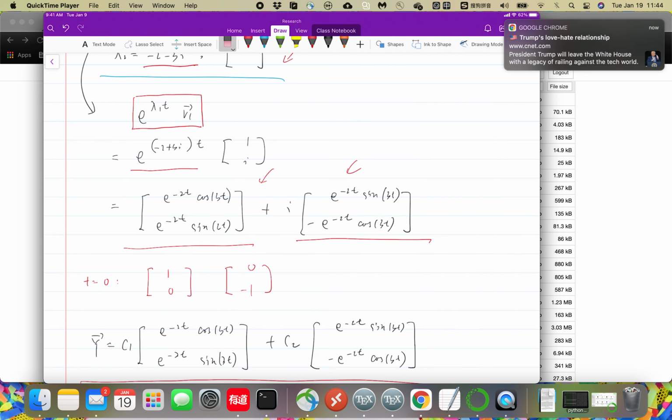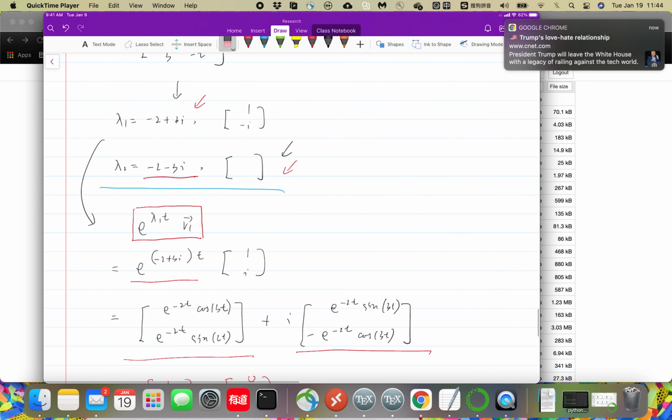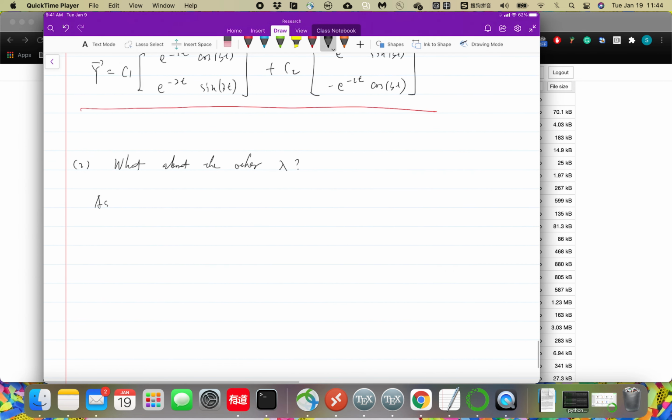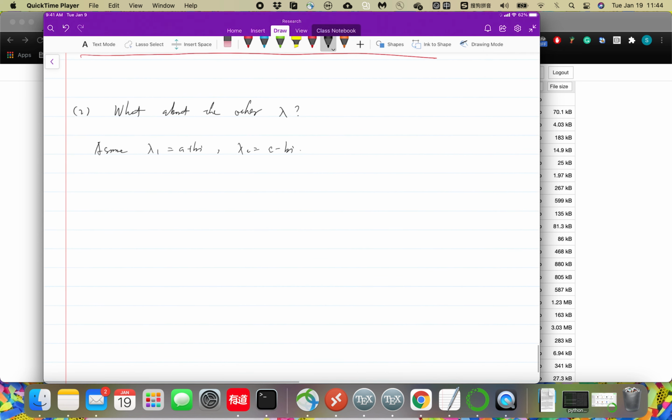Okay, and to show that, I will just write down a very simple fact. Assume lambda 1 equals a plus bi, and lambda 2 will be a minus bi because they appear in pairs. Then v1, the eigenvector for the first one, equals real v1 plus i imaginary v1.